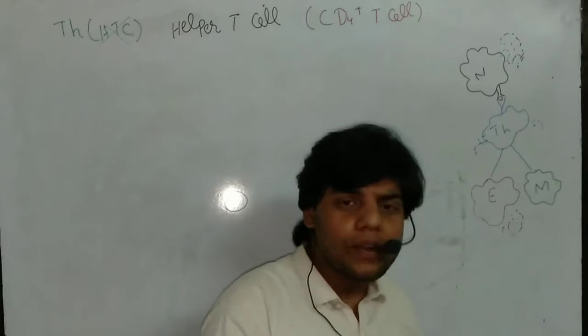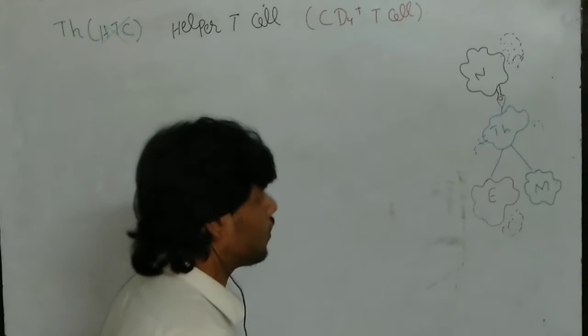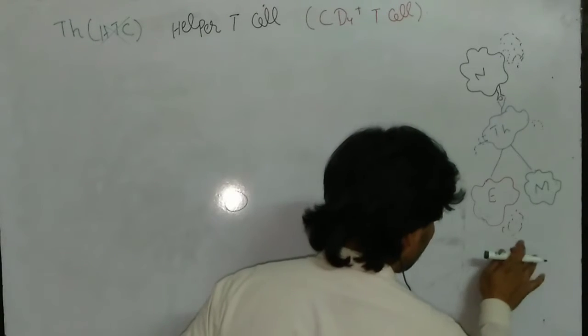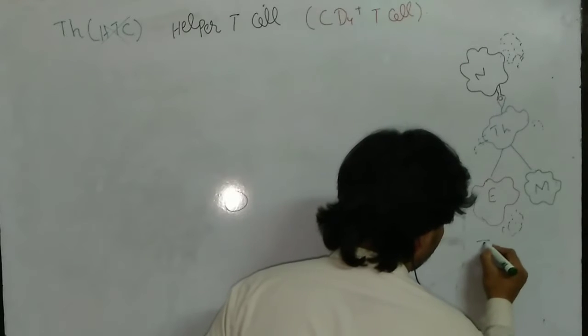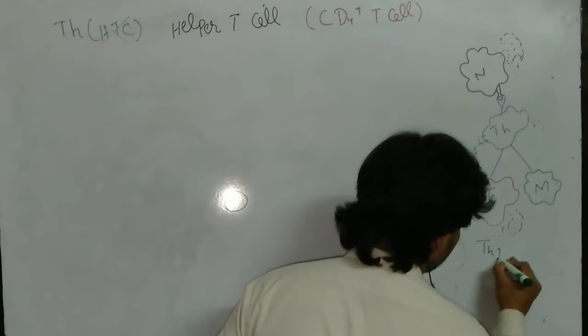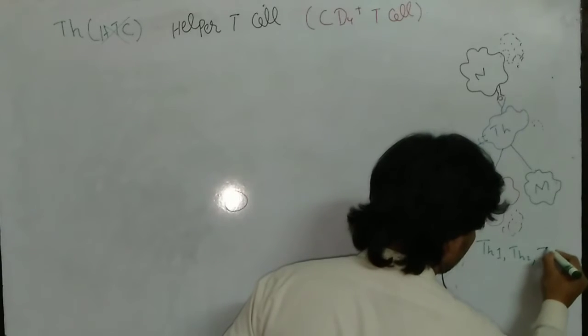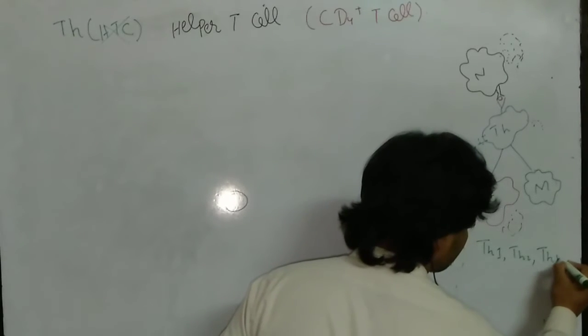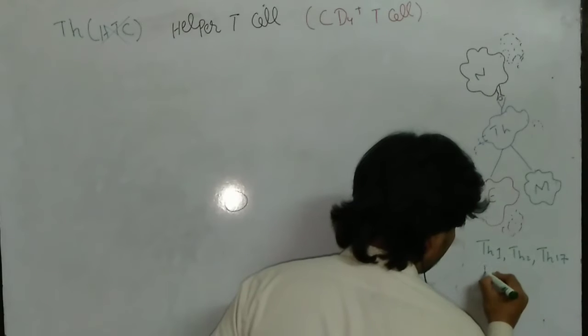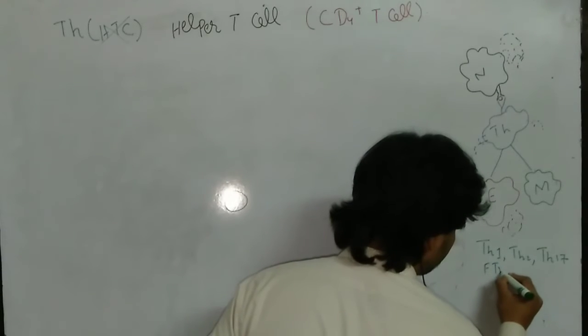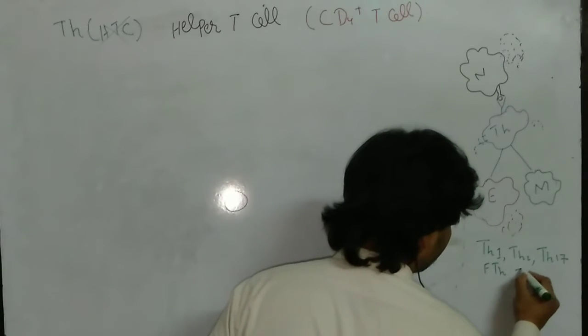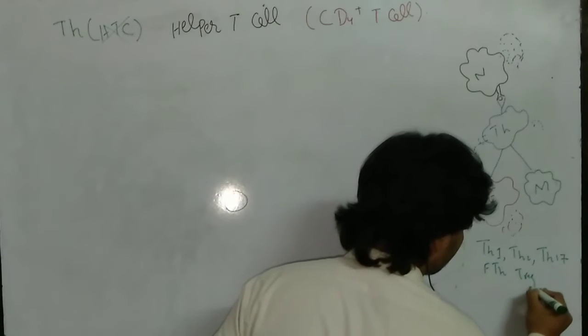Now there are different types of helper T cell. Let's talk about that. We have T helper cell 1, T helper cell 2, T helper cell 17, follicular T helper cell, and we have T regulatory cell.